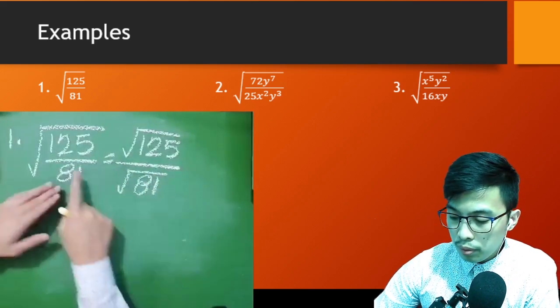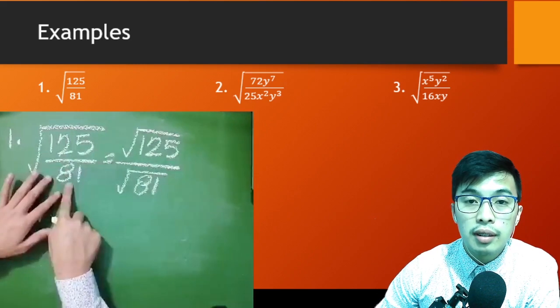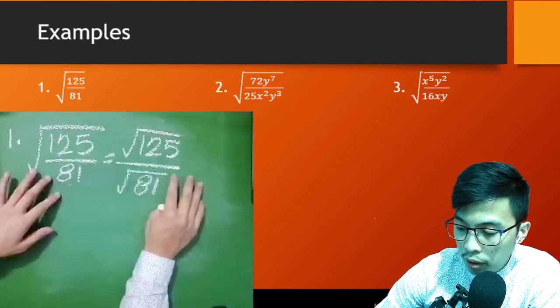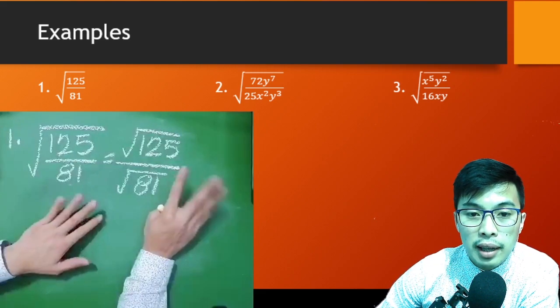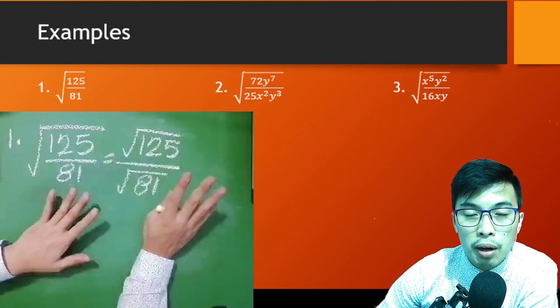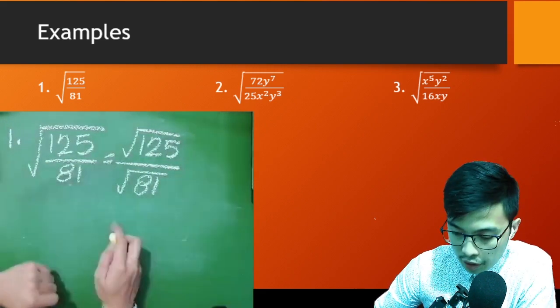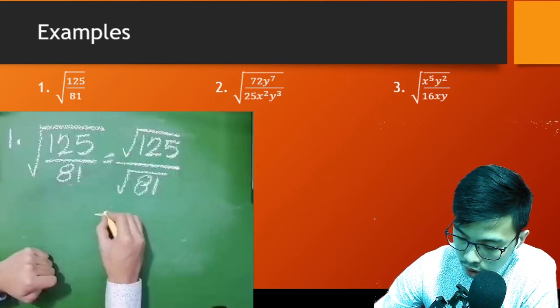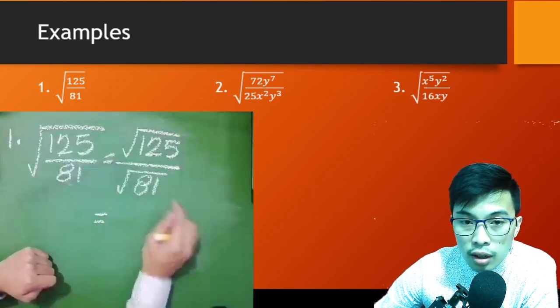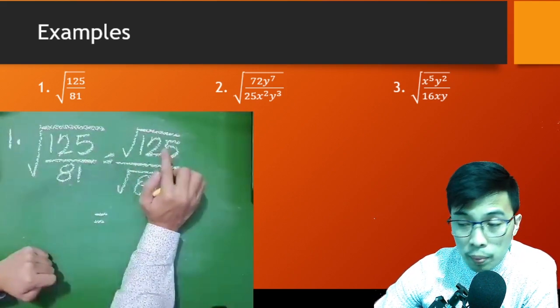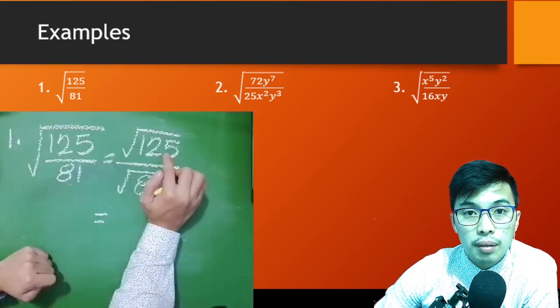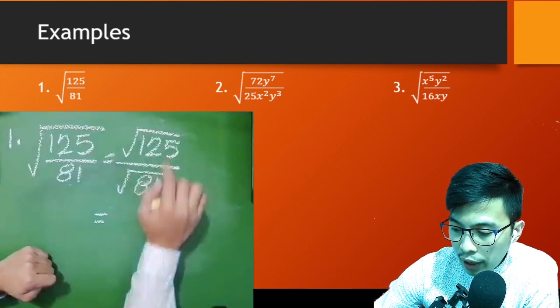Okay. So, the term here on the left side is just equal to the right side. In-apply lang natin yung division property of radicals, and then we simplify this. So we move on first to the numerator, which is square root of 125.